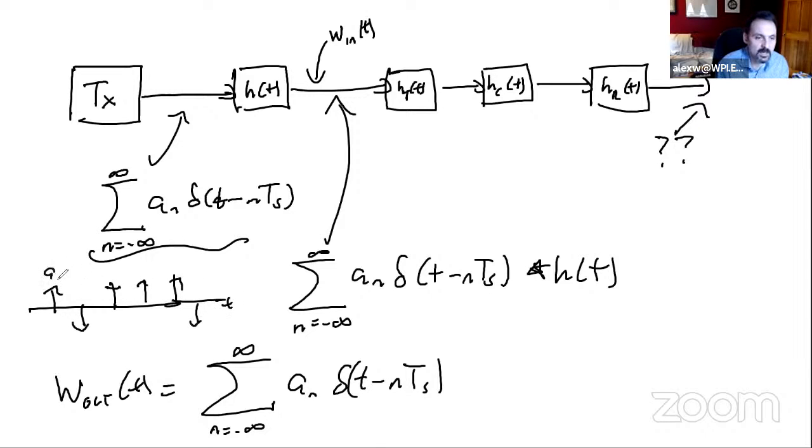It's going to be a1, a2, a3, a4, a5, a6, so on and so forth. This is my impulse train with the amplitude values per delta every T_s seconds. And then that gets flushed through all of these.